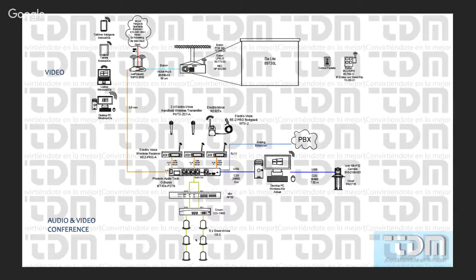So this way we will have an audio conversation in both directions, going out and coming in. So this way we are able to resolve all the issues that you have in a multipurpose room.